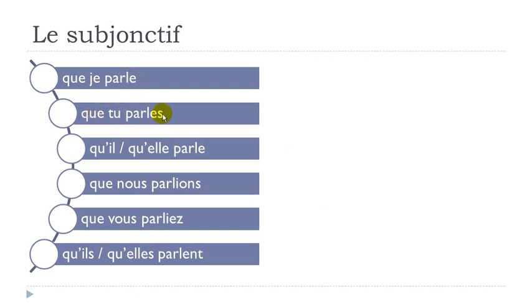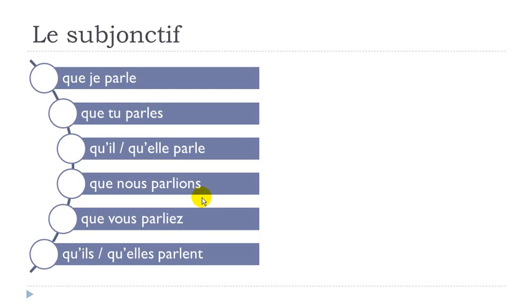Que tu parles, same thing. Qu'il parle, qu'elle parle, exactly the same thing as the present form. And then qu'ils parlent, qu'elles parlent, same. It's like the present form. Que nous parlions and que vous parliez, it's exactly the same thing as the imparfait.